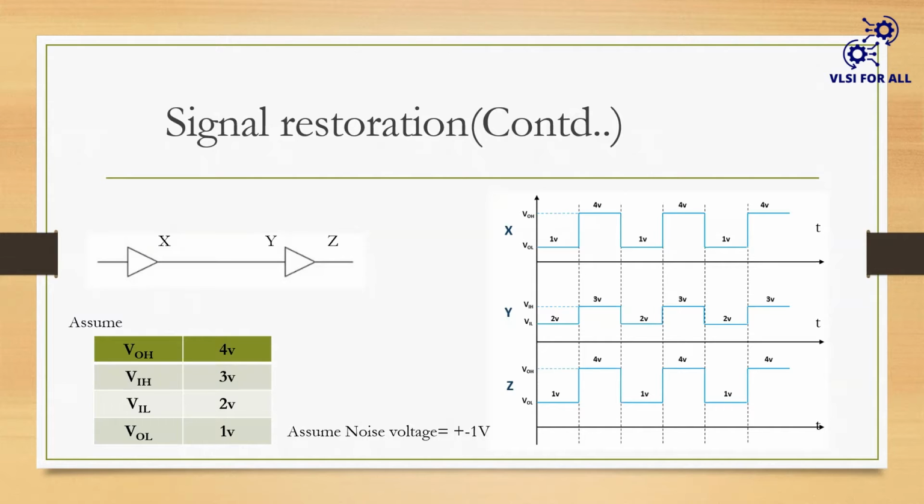Now let's come to the point. See, there is a graph you can see here where the graph X has VOL value 1 volt, VOH value 4 volts. Here the noise is included. Here I'm trying to write there is a noise.